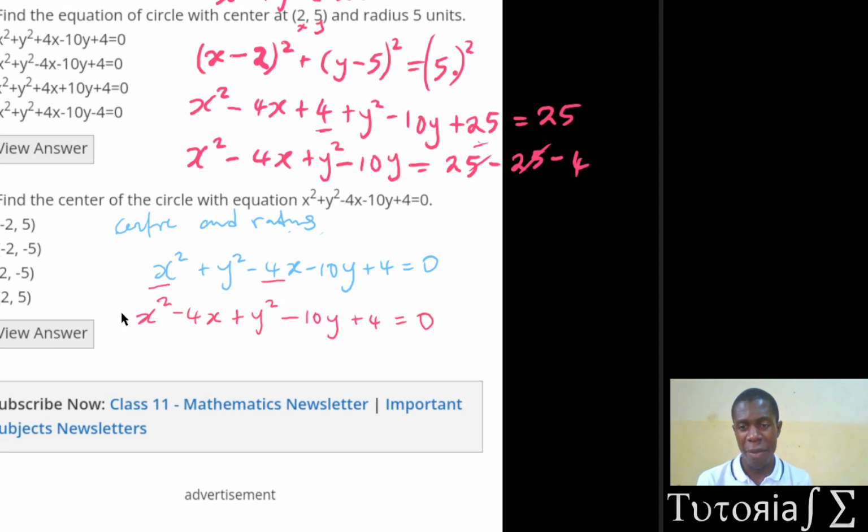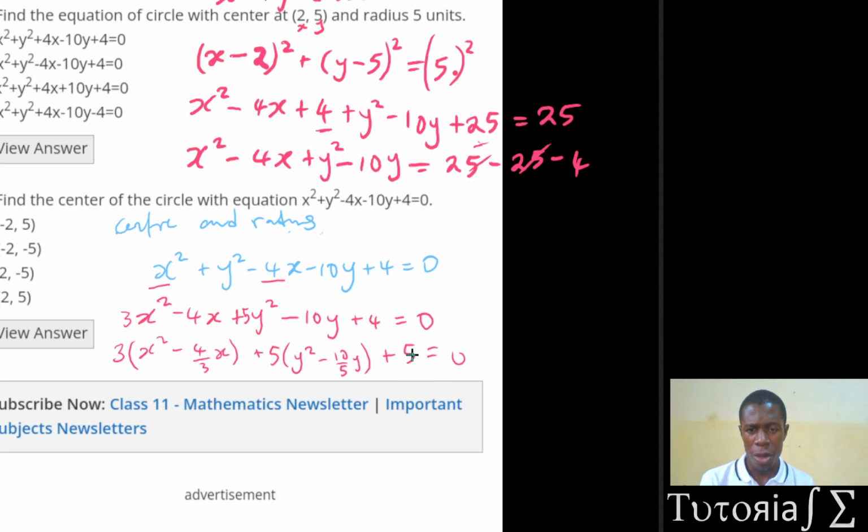For instance, if there was a 3, we factor out 3, so this would be x squared minus 4 over 3 x. And if there was a 5 in front of y squared, we factor out the 5, then we write it as y squared minus 10 over 5 y, then plus 4 equal to 0.